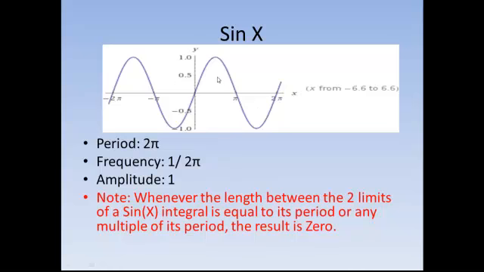But this is a positive area and this is an equal and oppositely negative area. So these two areas will cancel away and the result will be 0. So one thing to note here is that whenever the length between the two limits of the sin x integral is equal to its period or any multiple of its period, the result is 0.